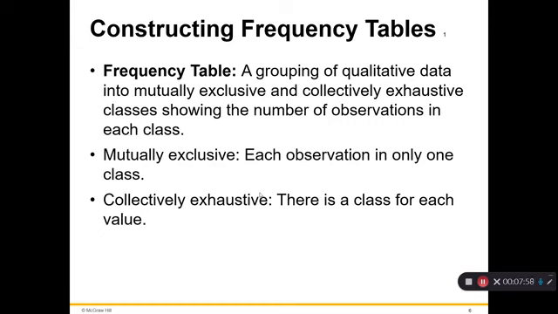Mutually exclusive class. What is it? It means that each observation or category falls into only one class.